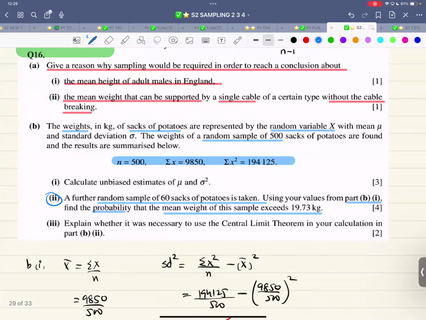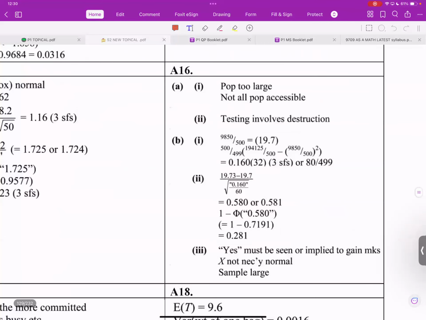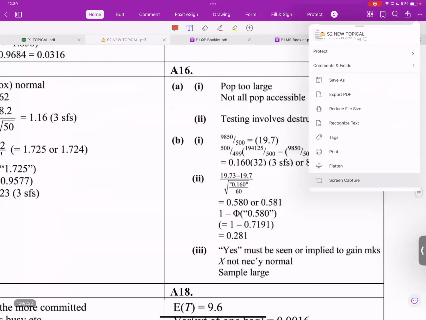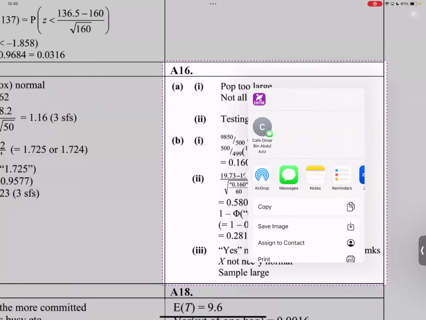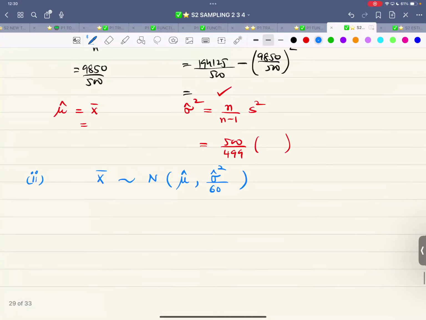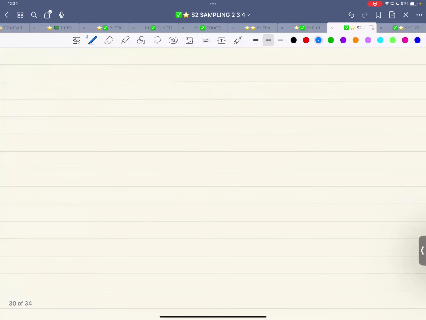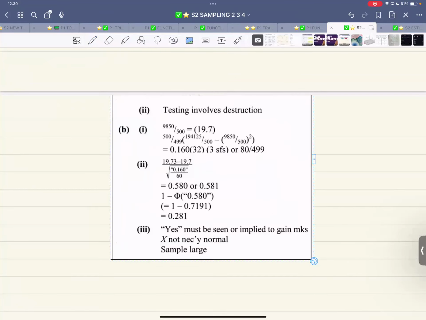So let me just go to the PDF and let's look at question 16, what they have done. And let me pick up the things from here. So this is question 16, the mark scheme. And let me paste it on this page. Okay.